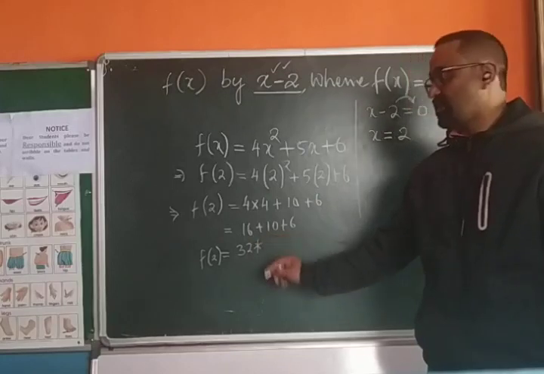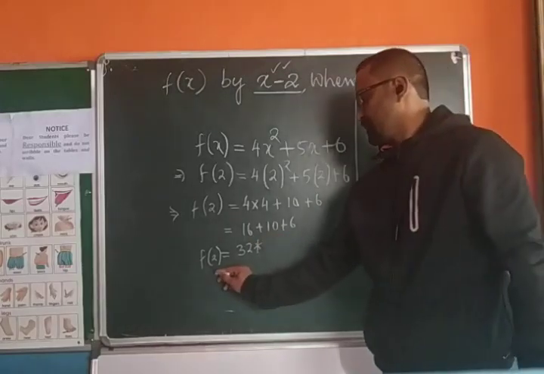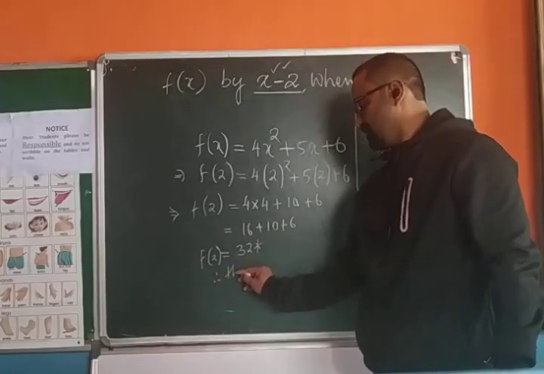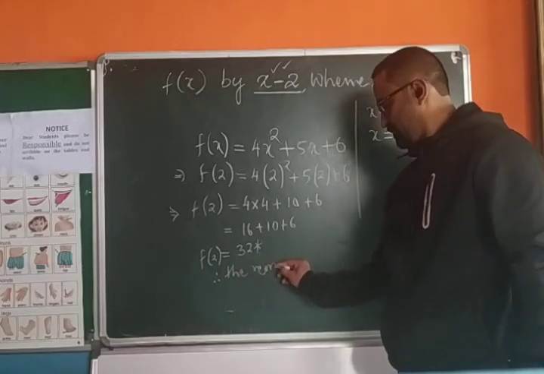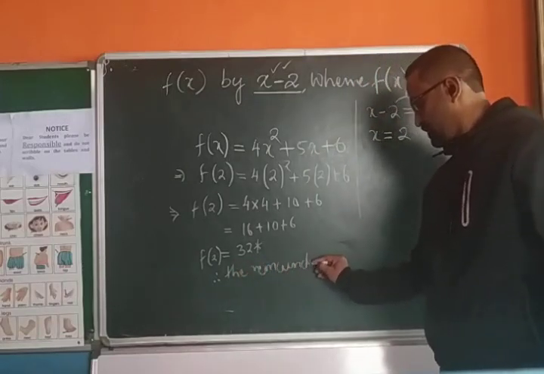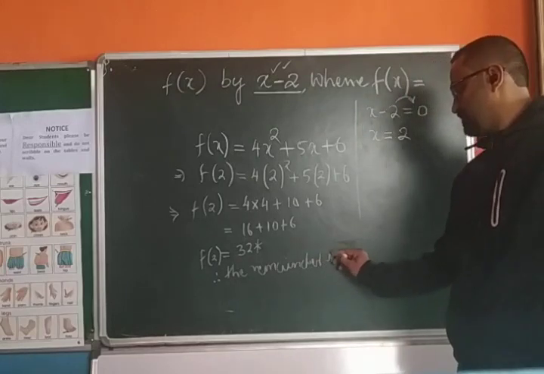This 32 is our remainder. Therefore, the remainder is 32.